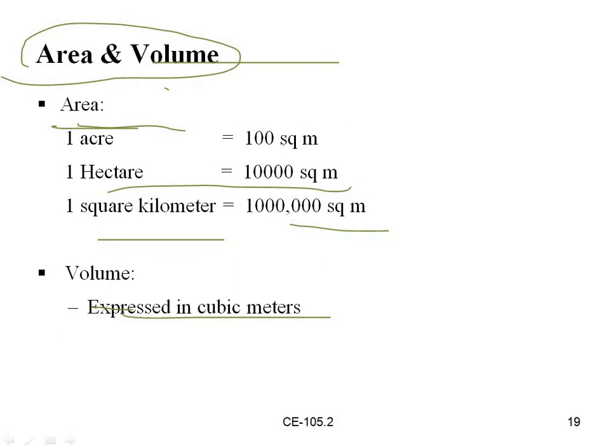So 1 acre is 100 square meters, 1 hectare is equal to 10,000 square meters, and 1 square kilometer is equal to 1 lakh square meters. Volume is expressed in cubic meters.